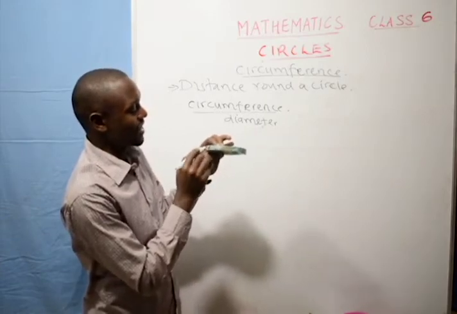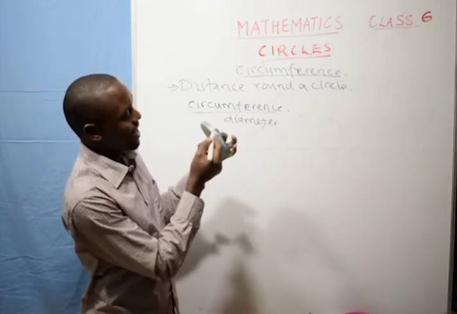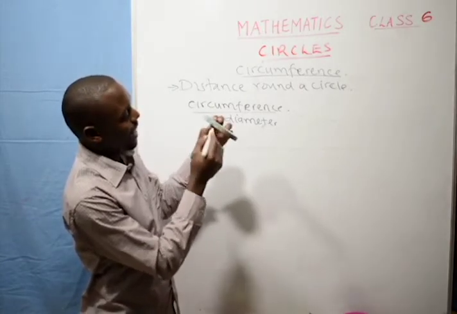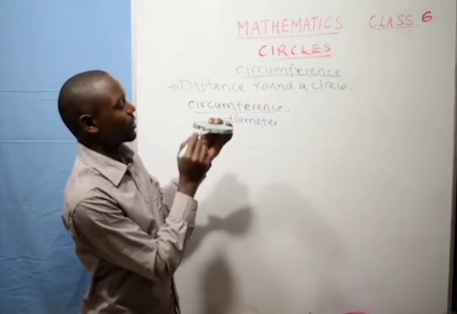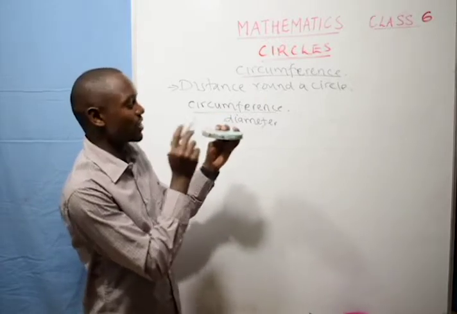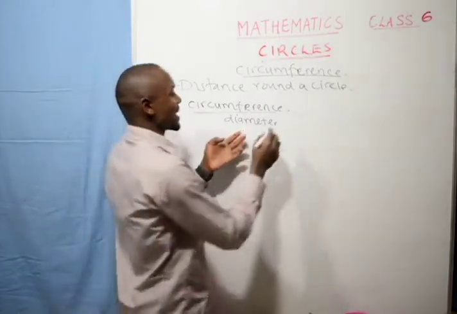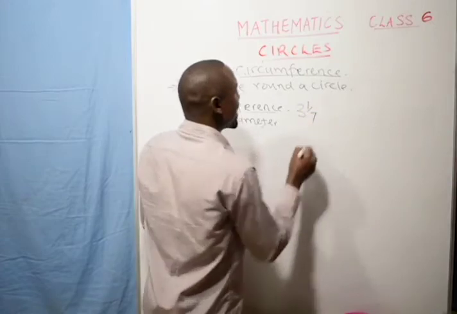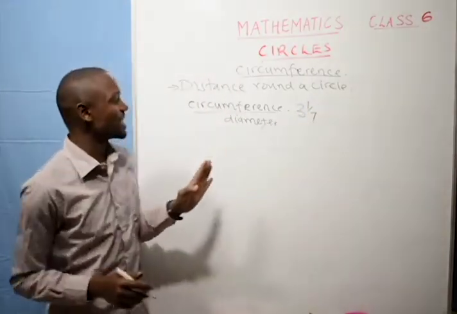It went 1 up to here. That is 1. From here up to here, that is 2. Then from here up to here, 3. Then there was this other part remaining here, which is 1/7. So the ratio of the circumference to the diameter is 3 and 1/7. It has gone 3 times, then the remainder 1/7 of that part.